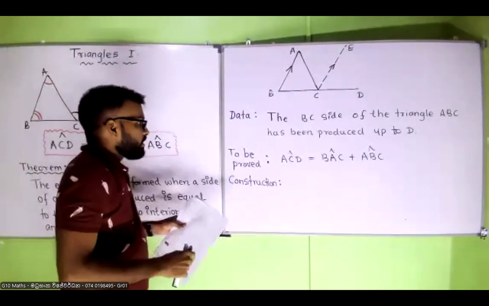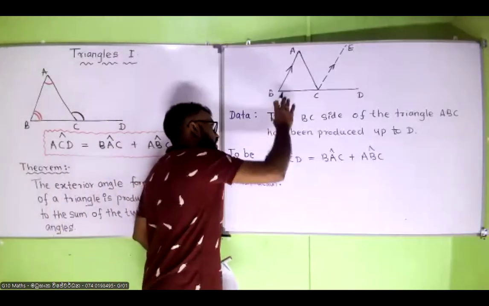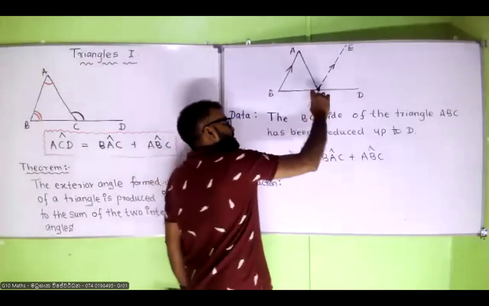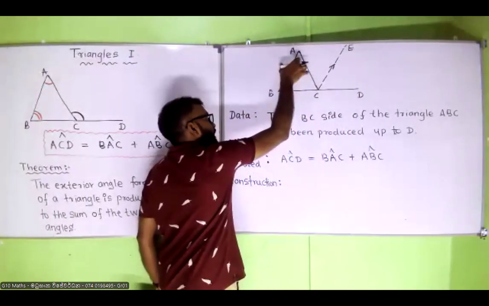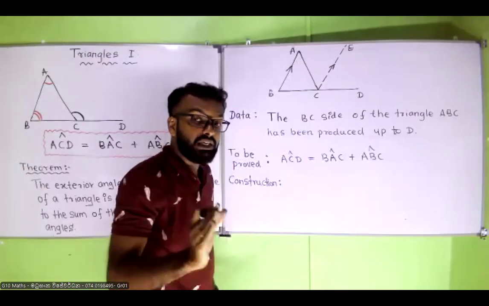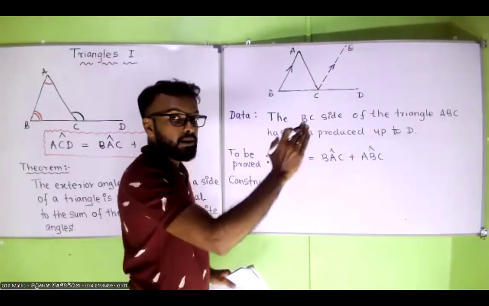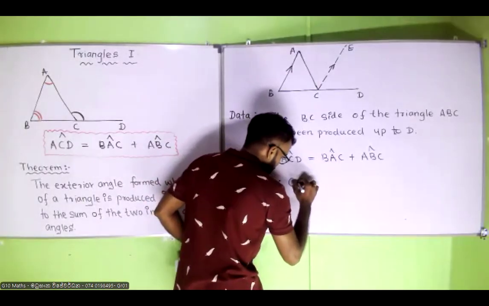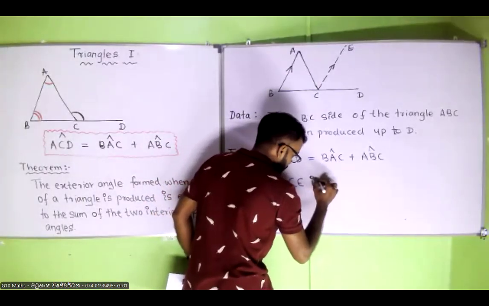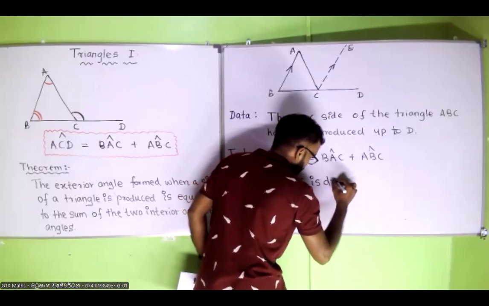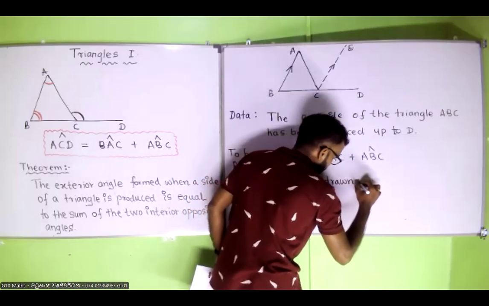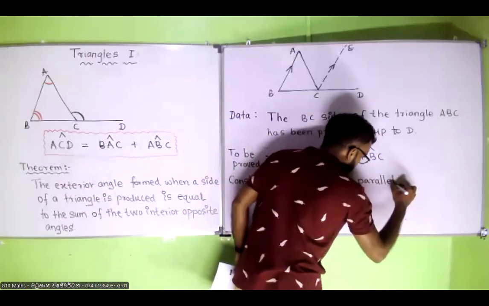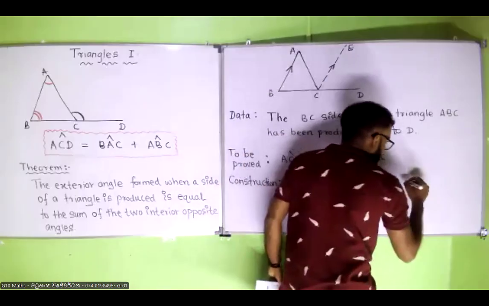Now, the construction that we have done here, we need to write here. CE is drawn parallel to AB. So we are going to write: CE is drawn parallel to AB.